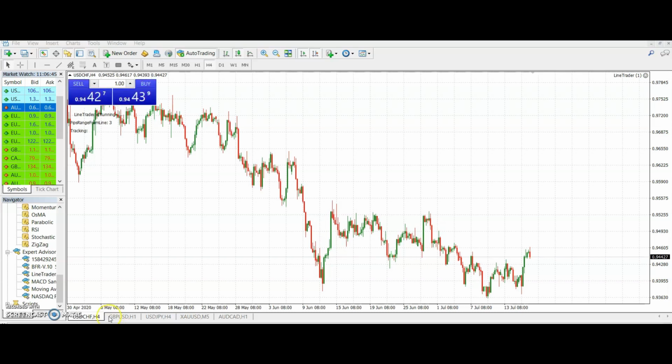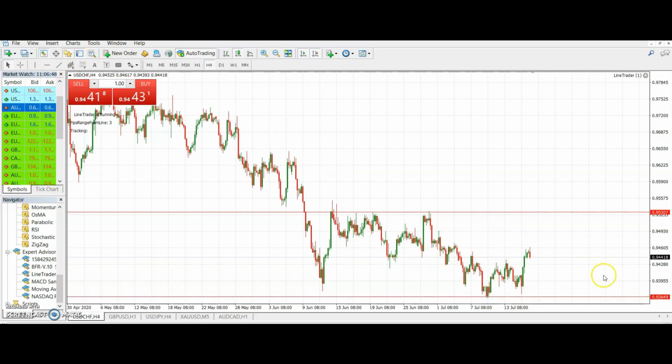So if I make an analysis, let's say I draw my trend lines and my support and resistance like this, I would say maybe if price reaches this point, I want to sell.